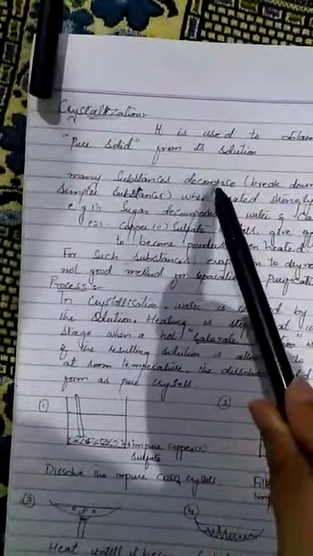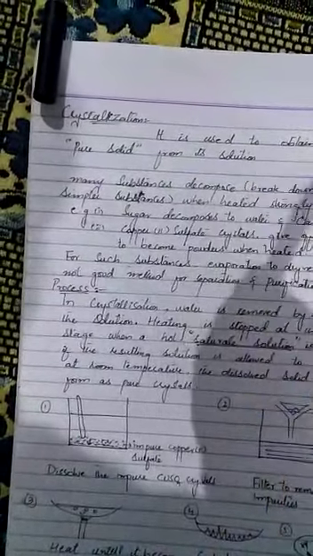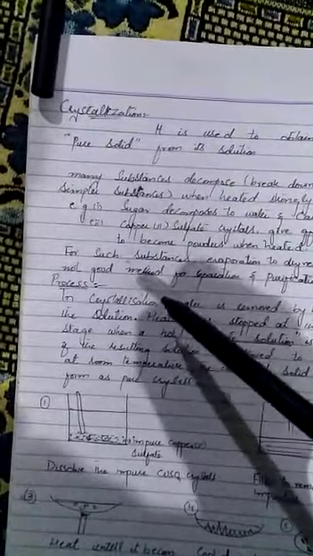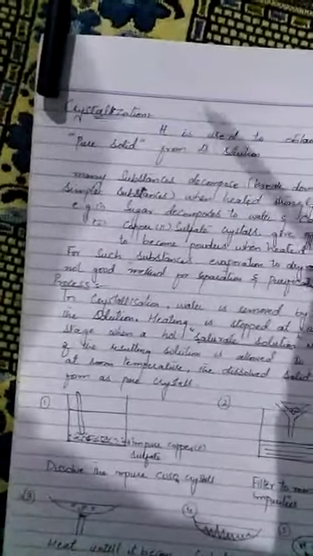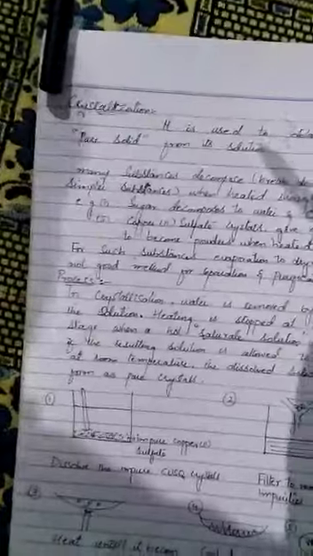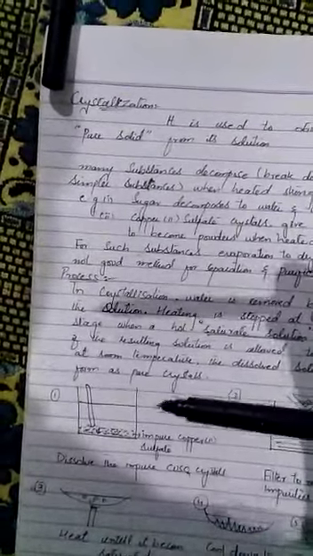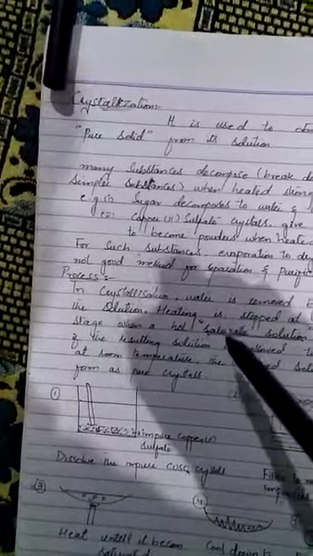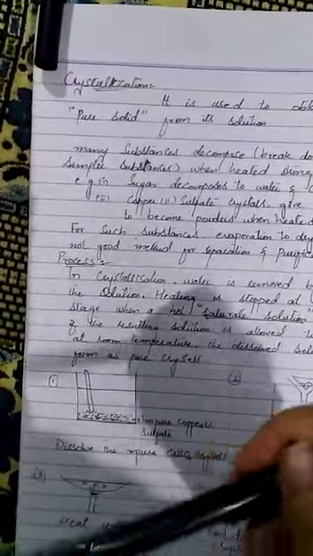Many substances decompose, meaning break down to form simpler substances, when we heat them strongly. In this process we will heat the solution, but here the heating will not be till the dryness point. The heating will be till the solution becomes saturated. Let me give you an example.